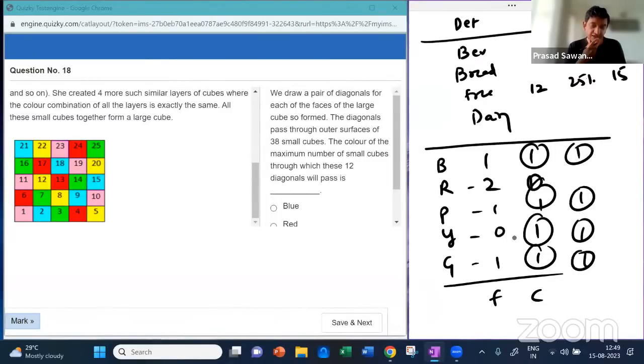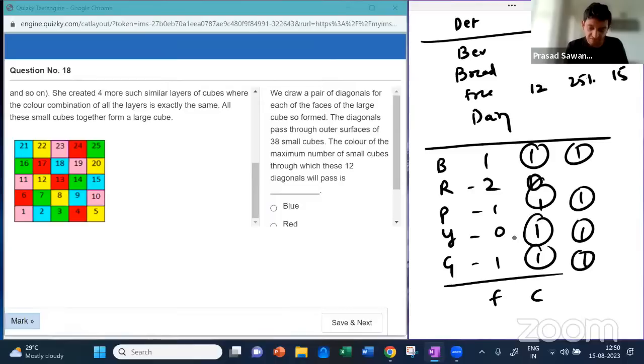Okay, red, you will have, top face, if you look at it, you will have 1 red, bottom face you will have one red, left face you will have one red. Two reds rather: two reds top, the second and the fourth one, two reds bottom, second and the fourth one, and two reds left, second and the fourth one.